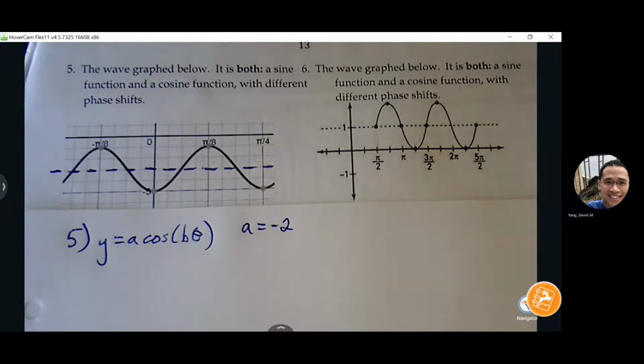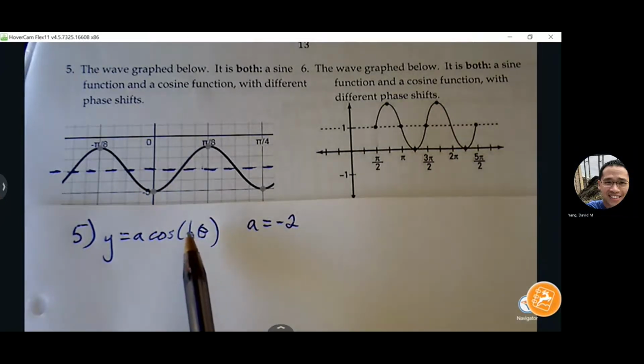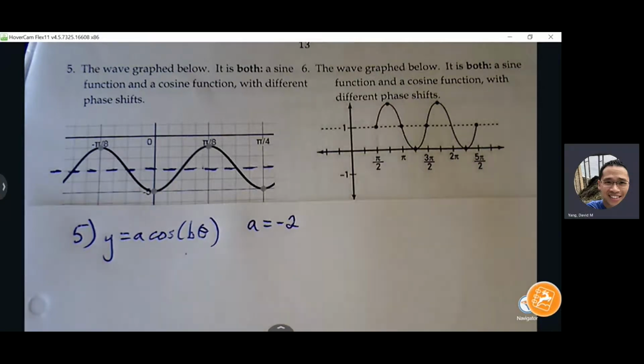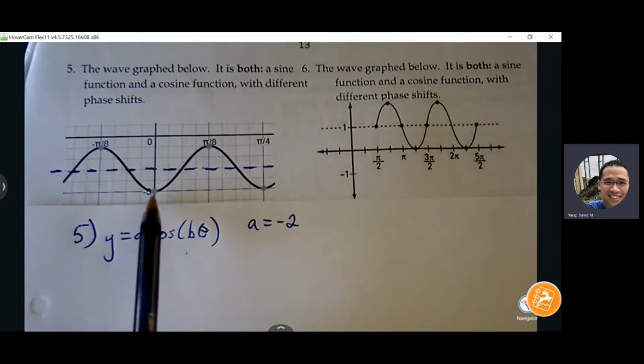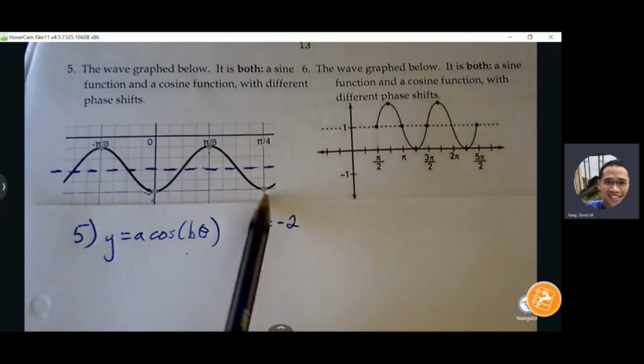Okay. Now, what do you think the period is for this function? How long does it take for this graph to complete its cycle? Π/2. It starts at minimum, goes to maximum, and ends up at minimum.